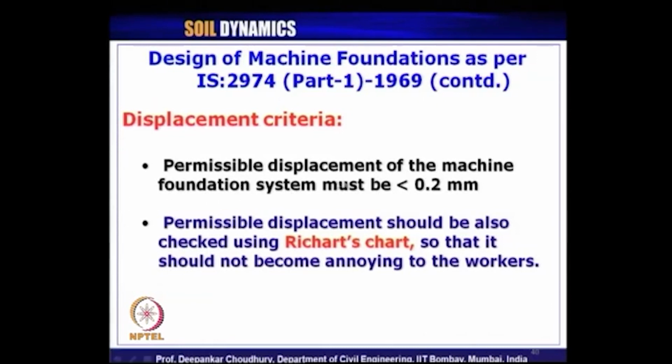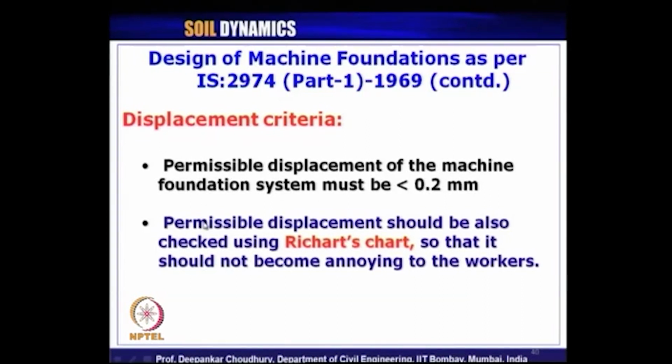That permissible value for a machine foundation system should be less than or equal to 0.2 millimeter, very low. So, the dynamic displacement range should not exceed 0.2 mm. If it is exceeding, then you have to redesign your foundation.